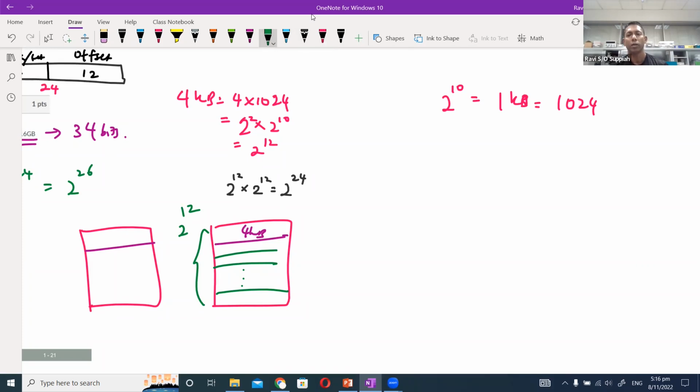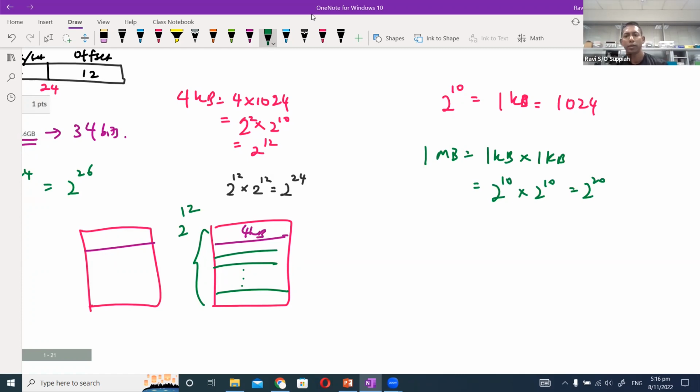Now, if 1 kilobyte is 2 to the power of 10, then 1 megabyte is equivalent to 1 kilobyte multiplied by 1 kilobyte, which is 2 to the power of 10 times 2 to the power of 10, which is 2 to the power of 20.